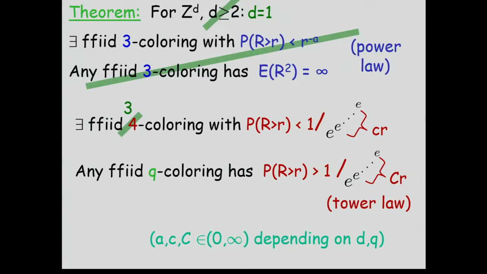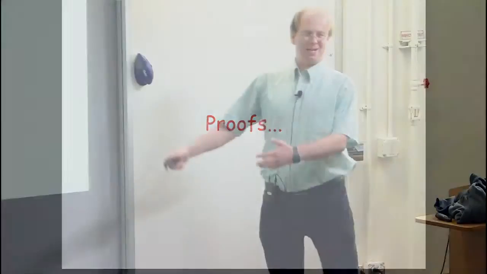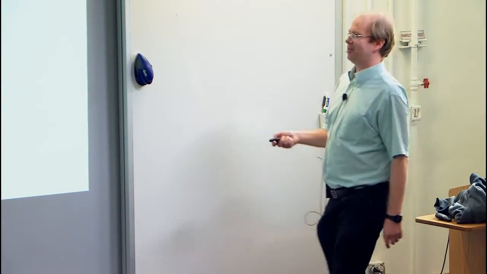So of course 2 colors you can't do at all, but already with 3 colors in 1 dimension you can do it with the tower function. Okay, so those are the answers. And I will attempt to at least give you an idea of how these different behaviors arise.